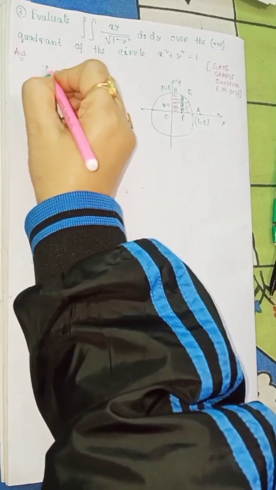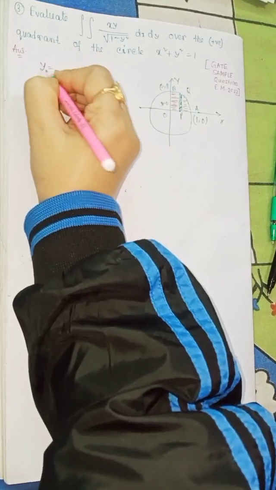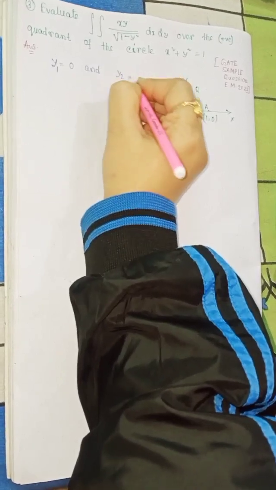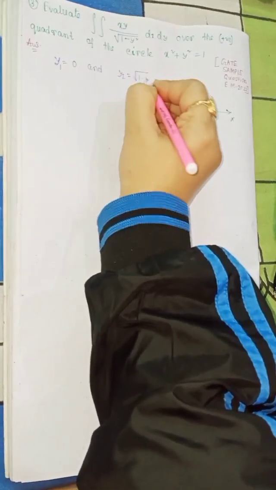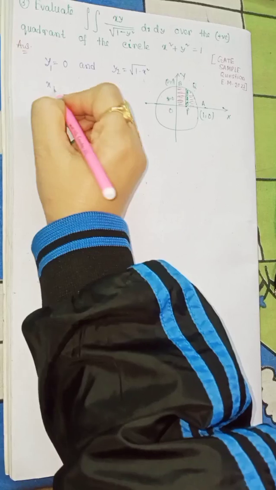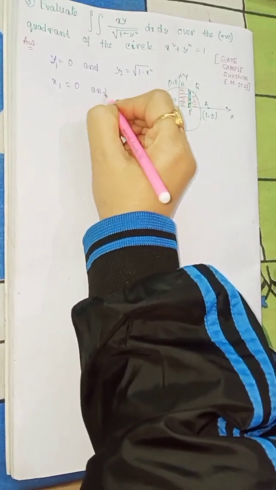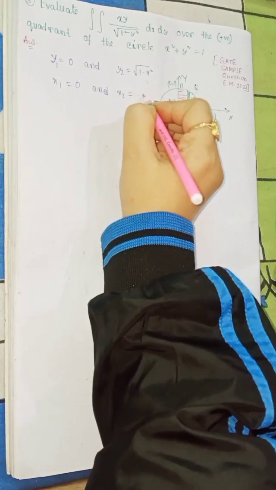So here y1 is equal to 0 and y2 is equal to root over of 1 minus x square, and x1 is equal to 0 and x2 is equal to 1.